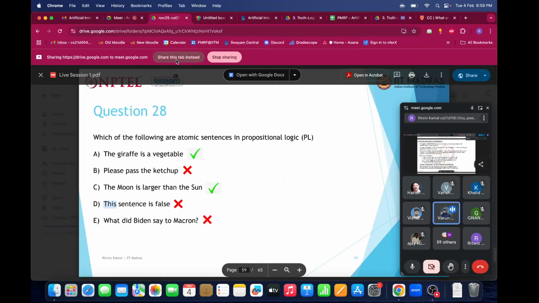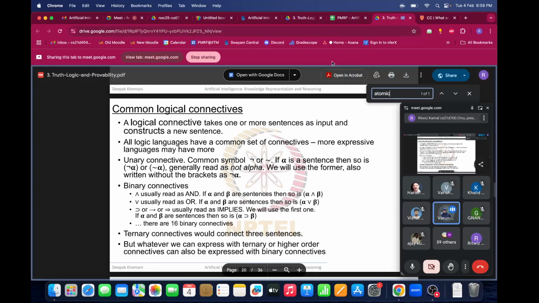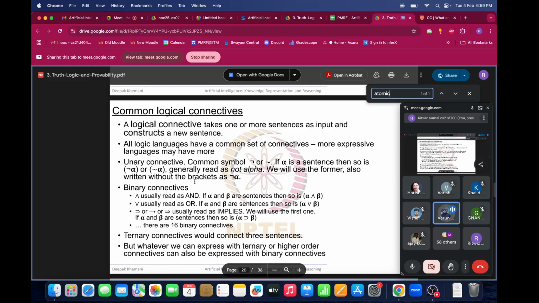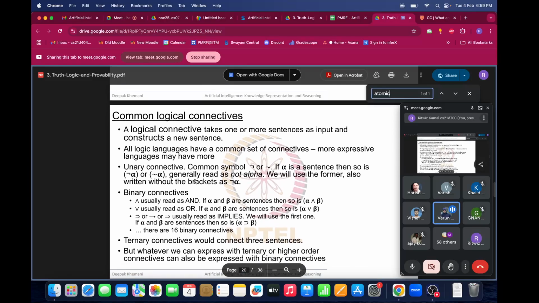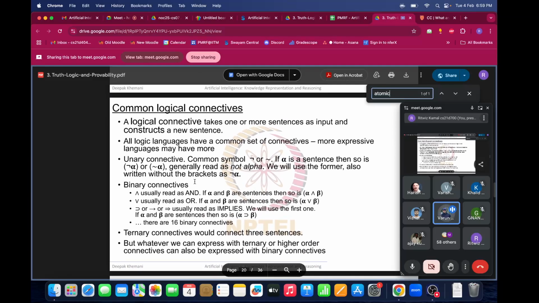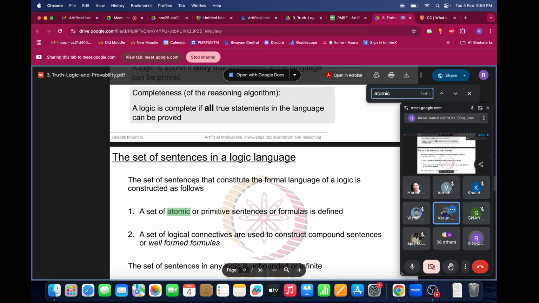So, Ritvik, in that case, if I assume alpha is an atomic sentence, and if I take that example back, like "this statement is false", that's an atomic sentence because it is independent of other connective operators, right? But it also has to be not vague.